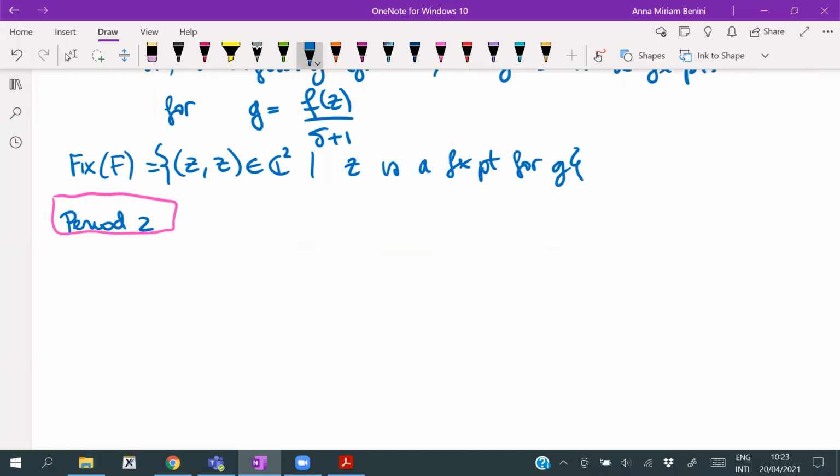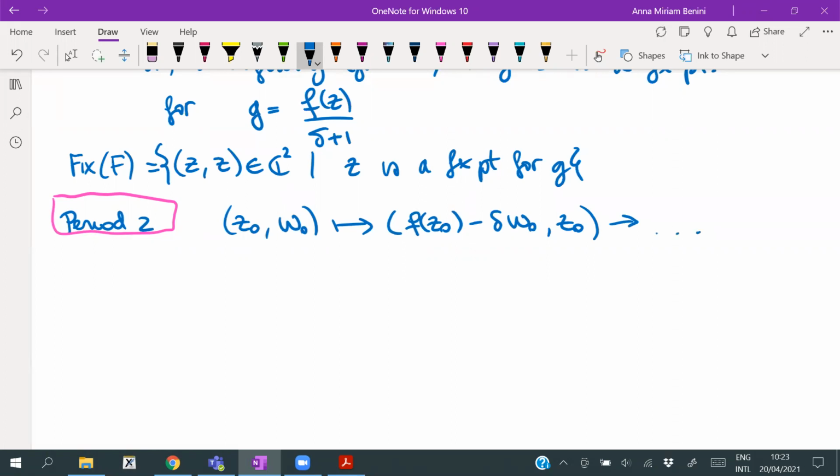This time you need to be a little more careful when you write down your equation. You do the same trick. You consider a point (z naught, w naught). This goes to the point (f of z naught minus delta w naught, z naught). And then you apply your map again.